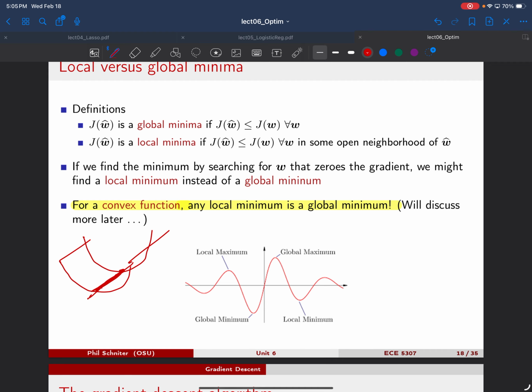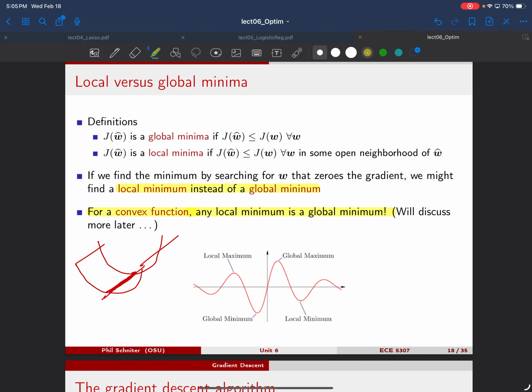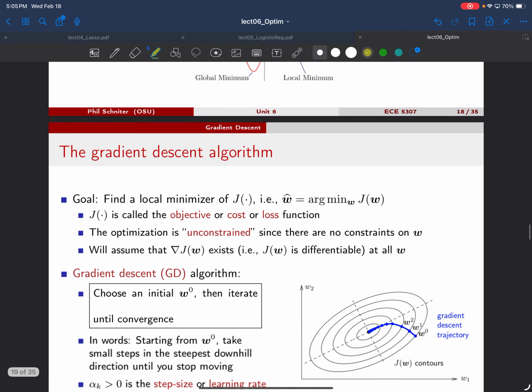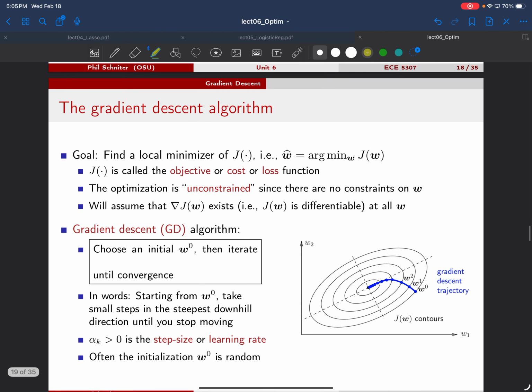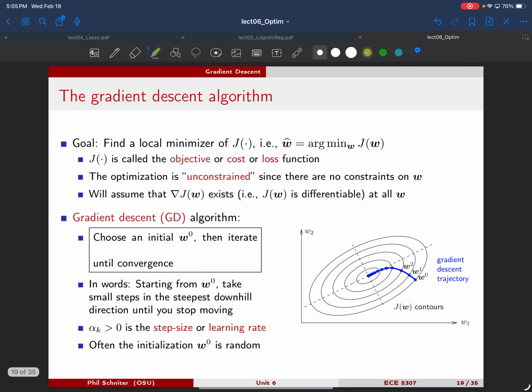So those are both convex functions. We'll be talking more about convexity later, but convex functions avoid this problem of bad local minima that we might see in machine learning. And next time we'll talk about gradient descent and how we actually use the gradient for optimization.